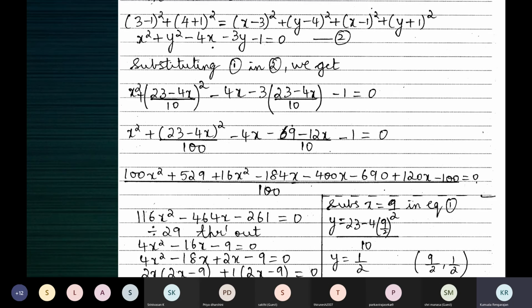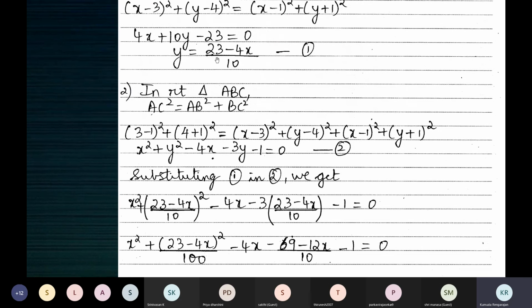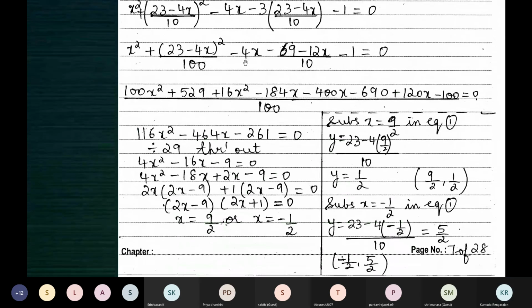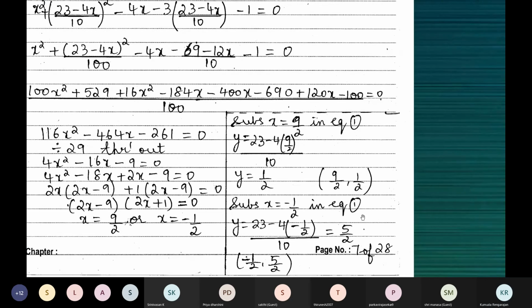We know that y is equal to (23 minus 4x) by 10. So we have two x values. For these two x values, find the corresponding y values.